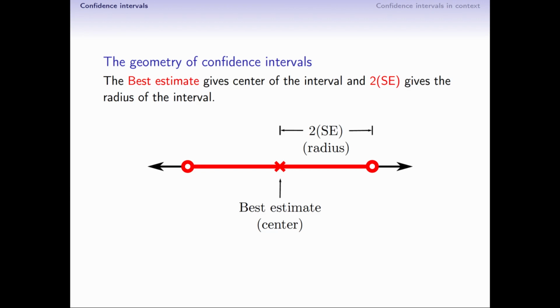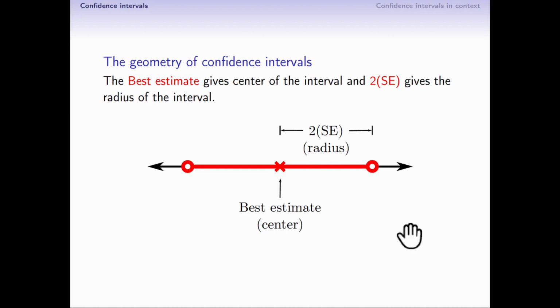We calculate a statistic within the sample, and that forms our best estimate, and that gives us the center of our confidence interval. The radius of the confidence interval, in other words, the distance from the center to each of the two endpoints, is our margin of error, or 2 times the standard error. So if we take SE multiplied by 2, that's giving us the radius of our confidence interval.